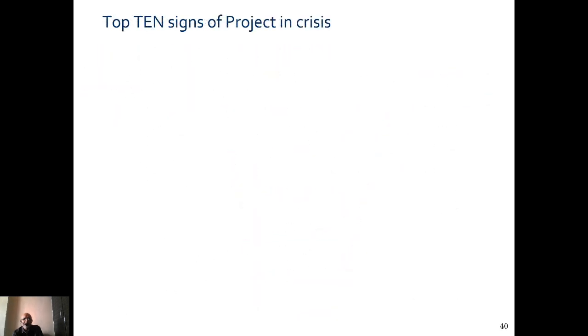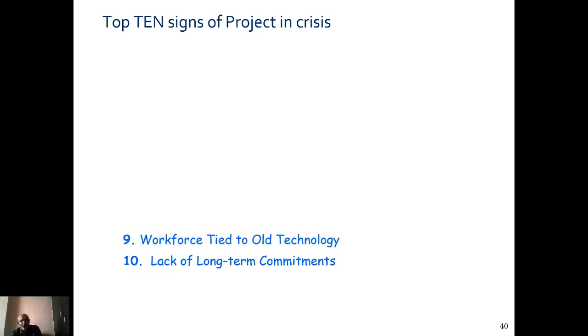And the top 10 signs of project crisis is very, very important. We will start off with the 10th point: lack of long-term commitments. Workforce tied to old technology. With the current infrastructure, you do wonders, right? You will not provide anything new.